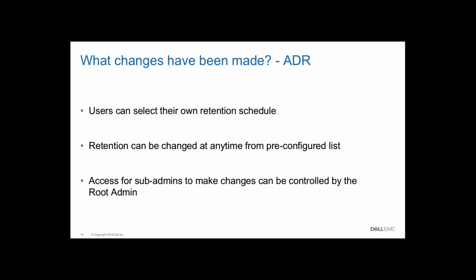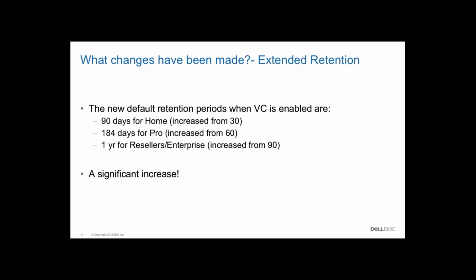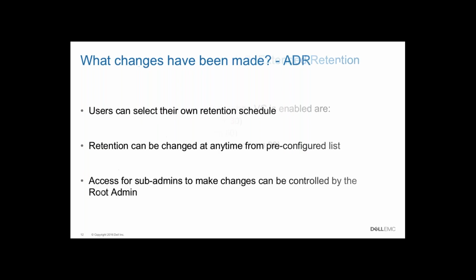And that goes from a minimum retention of 7 days right out to a maximum retention of 7 years. You'd have seen previously these are the default options. But with adjustable data retention for pro, reseller, and enterprise users, you will have the ability to control whether you want to go down to a minimum retention period of 7 days or up to a maximum of 7 years.